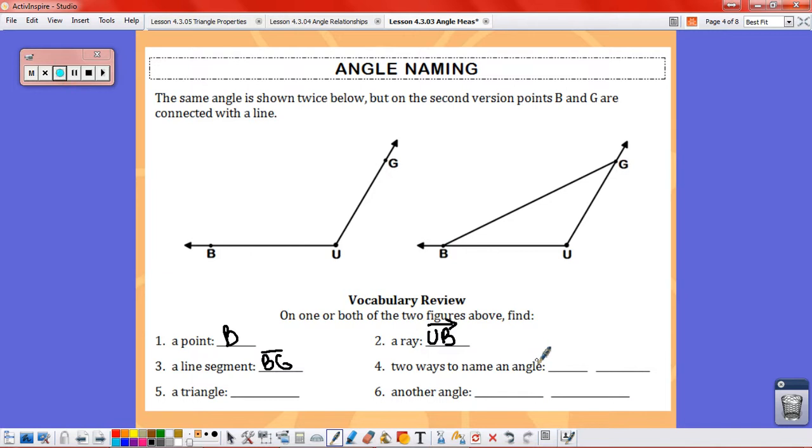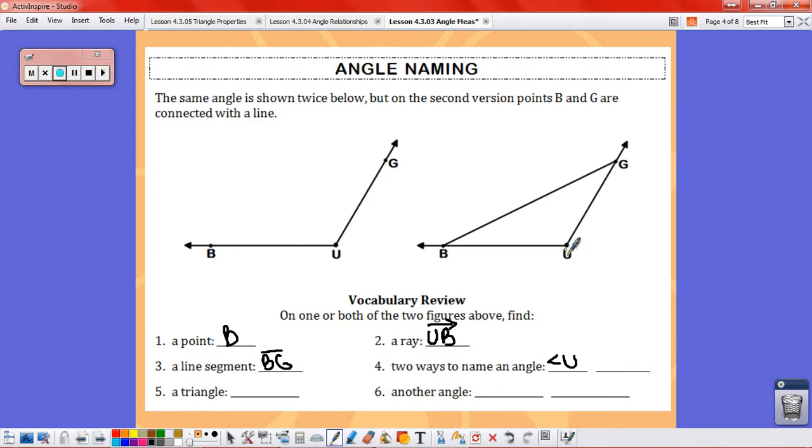Alright, so for an angle, the easiest angle is obviously angle U, because you can see it here and you can see it here. Angle U is the only one that's present in both figures. I can just name it angle U because that's the only angle with a vertex of U. So if I say angle U, you know which one I'm talking about.